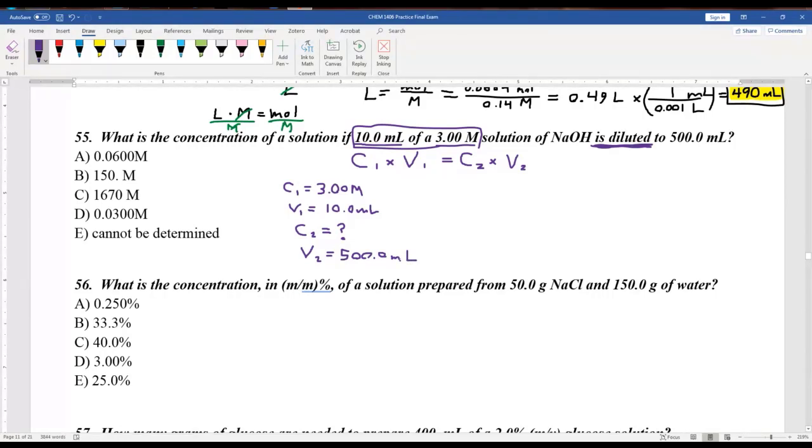So I'll go ahead and solve this equation for C2, which means I have to get C2 by itself. To get C2 by itself, what do I have to do? Divide. Yeah, divide by what? V2.